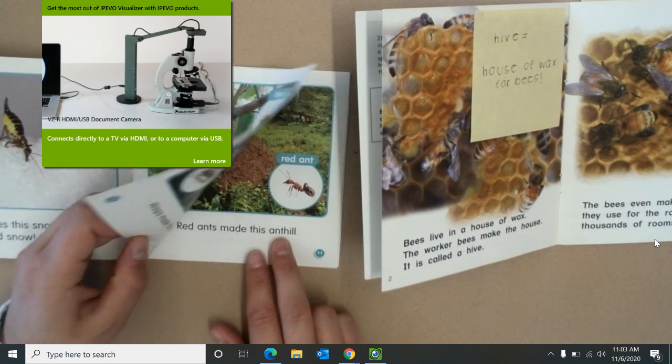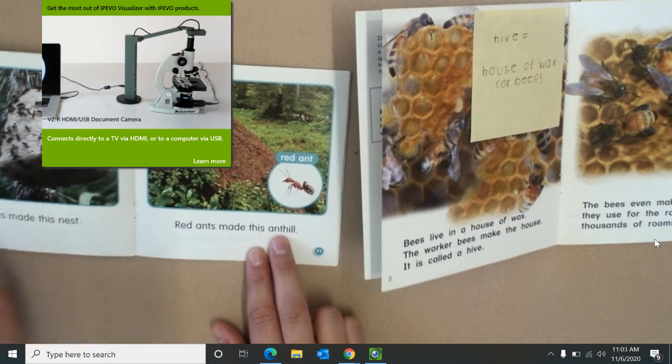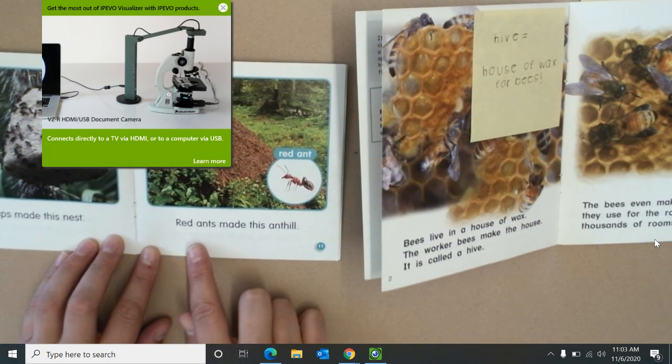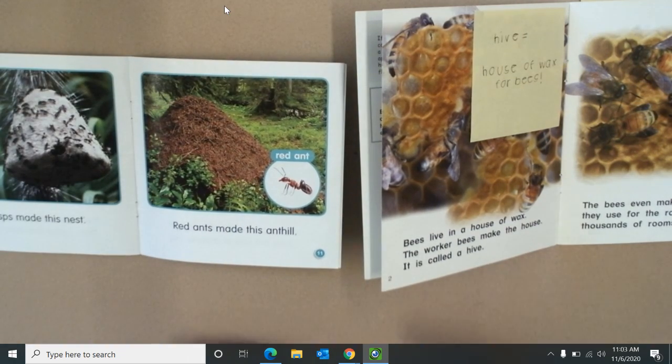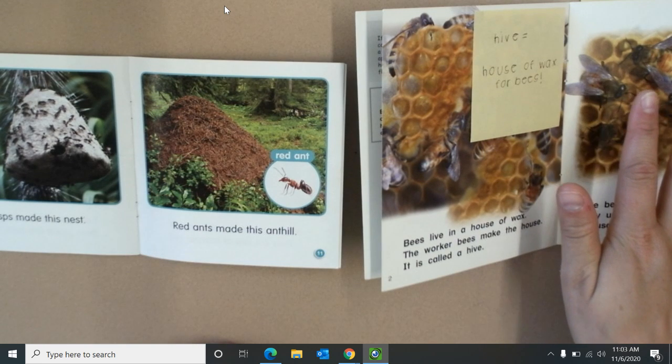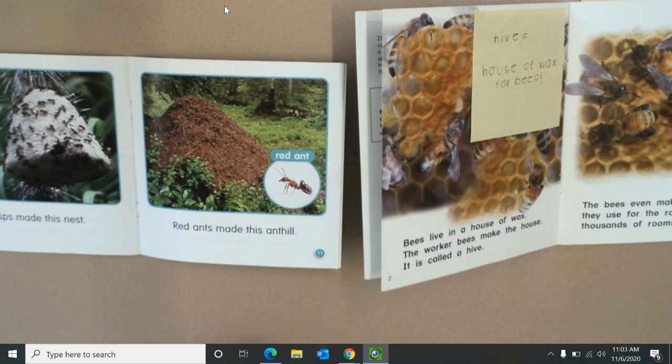Let's go to the next page and see what is different. Red ants made this anthill. Oh, so in this book, thumbs up if we talked about red ants. Thumbs down if we did not talk about red ants. You got it. Thumbs down. We did not talk about red ants, so that would be something different.